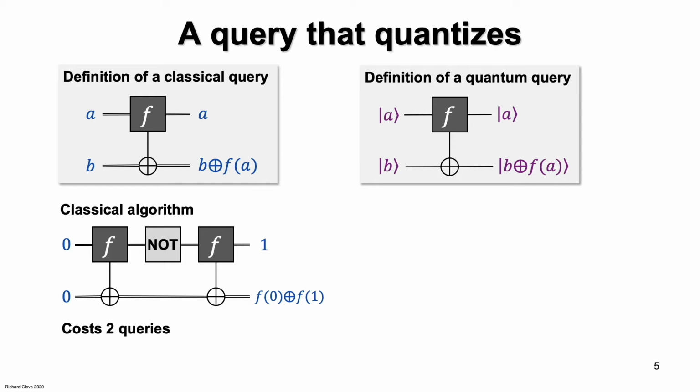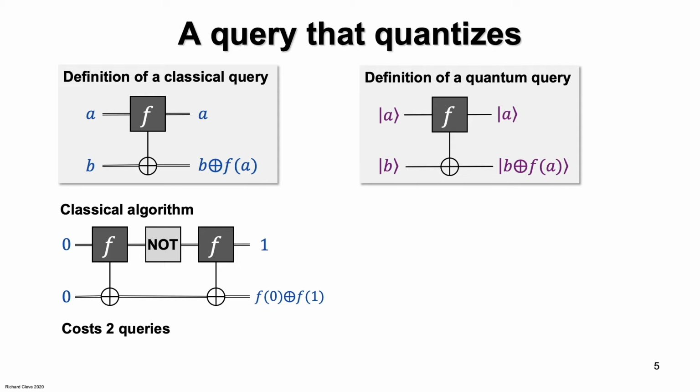We figured out that 1 query isn't enough with our original type of query. We need to be careful to check that our new definition of a classical query does not make it more powerful. To see why the new classical queries are not more powerful, note that if we're querying with input bits a and b, then we already know the values of those bits. And now there are only 2 possibilities for the output.